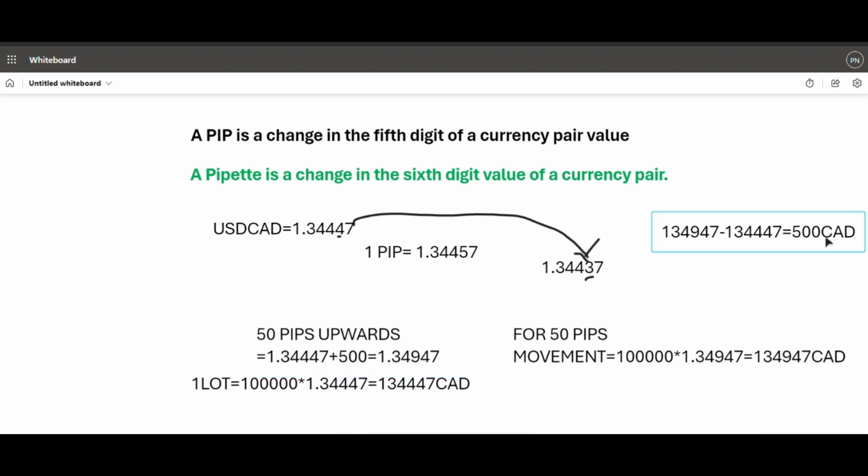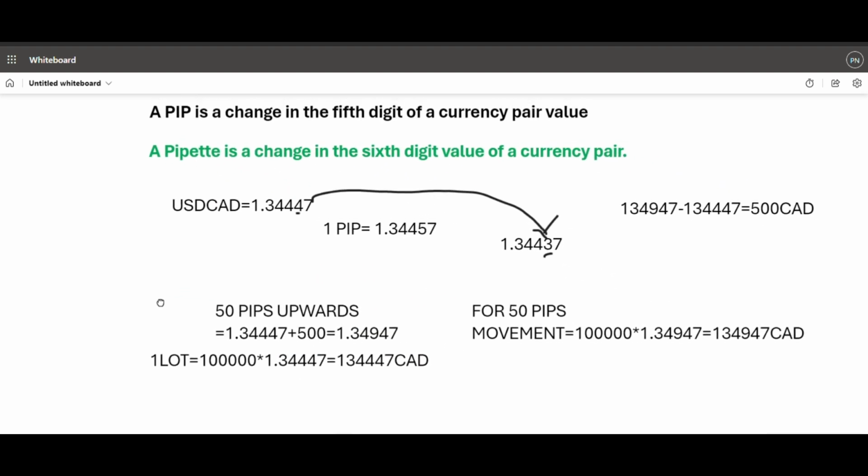So if per adventure it went up, and you don't use 1 lot size, you use 0.1 lot size. Let me erase this. Sorry about that. Let me just rewrite it here.